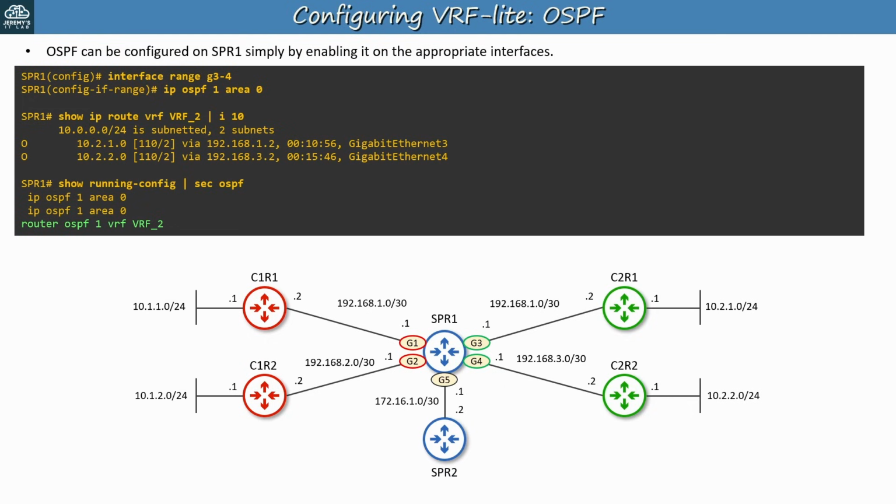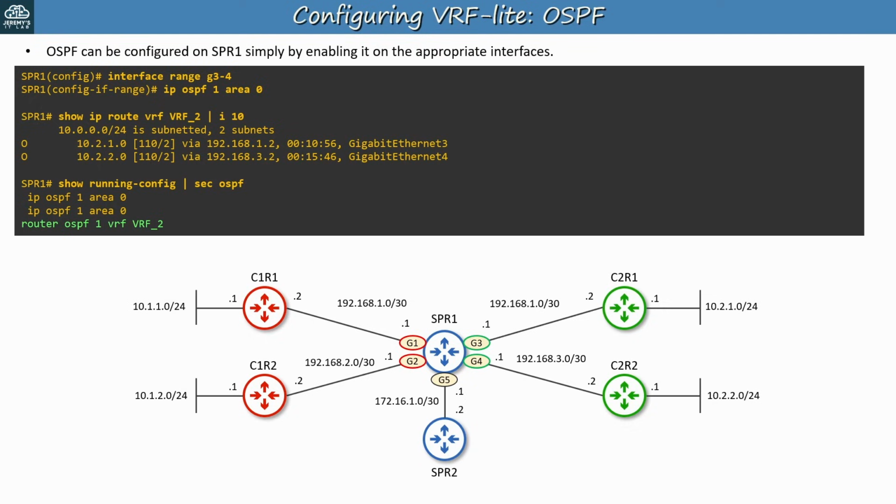Because I activated OSPF on two interfaces in VRF2, it automatically added VRF VRF2 to the end of the router OSPF 1 command. So on this router, OSPF process 1 is now bound to VRF2. Interfaces in other VRFs, or the global routing instance, can't be part of this process. They would have to use a different process ID, like router OSPF 2 or whatever.